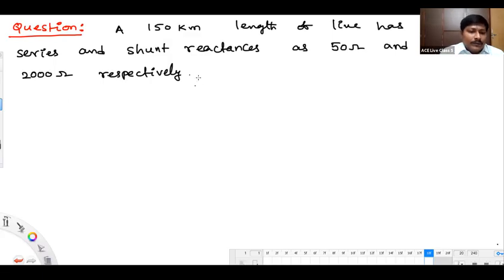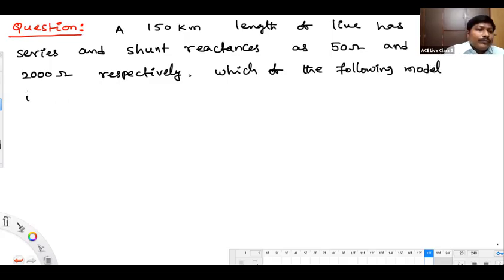Okay? So which of the following models is used for line representation in load flow analysis?